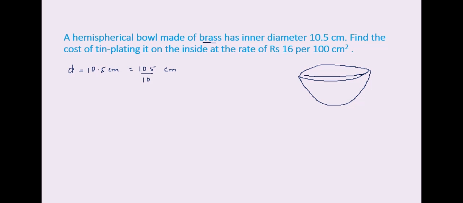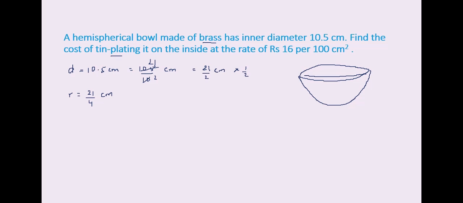With the cutting, it will be 21 upon 2 centimeter, that is the diameter. So radius will be 21 upon 4 because we have to multiply this by half. So 21 upon 4 centimeter is the radius.